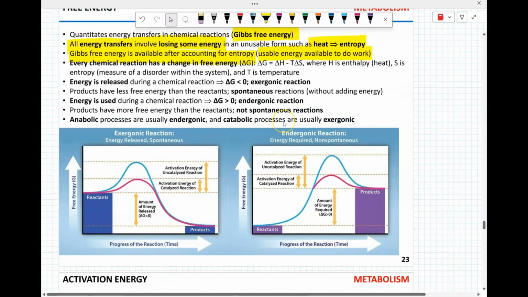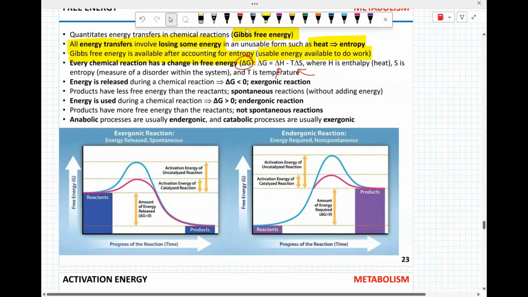Every chemical reaction has a change in free energy, or delta G, which can be quantitated as the change in the enthalpy of the reaction, delta H, minus T delta S, where delta S is the change of the entropy within the system during the reaction. T is the temperature.